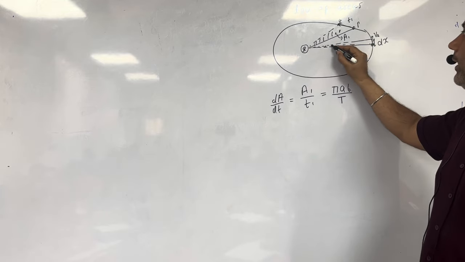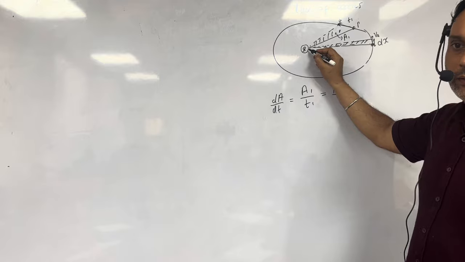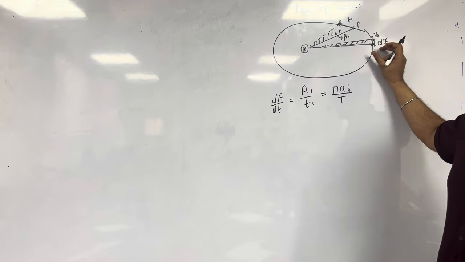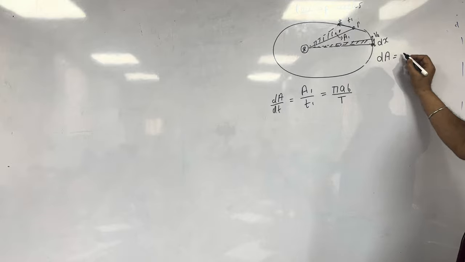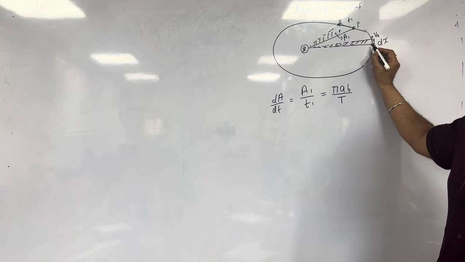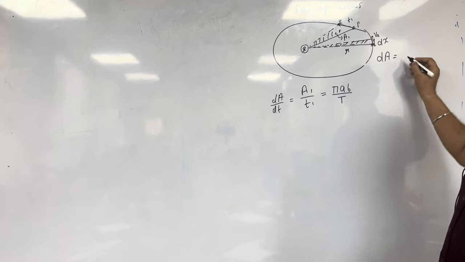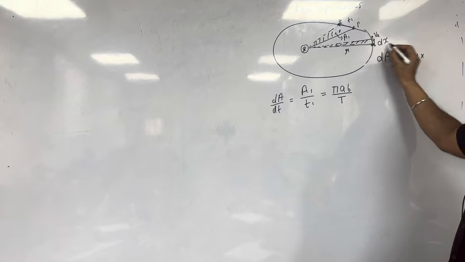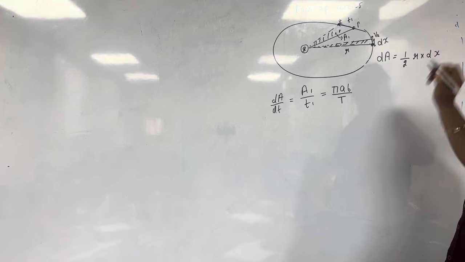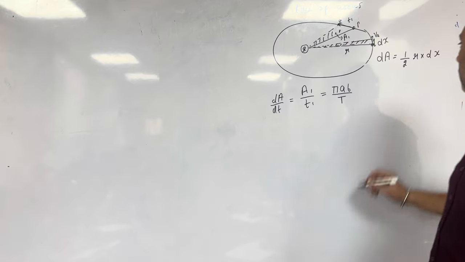How much area is it covering? Because this length is almost perpendicular to this, that's why I am showing you here. This length is say r. So dA is half into base into height, dx. Yes or no? So we can write like this.